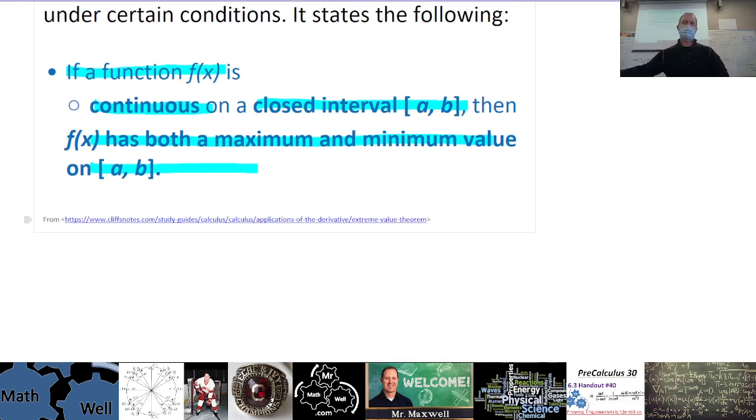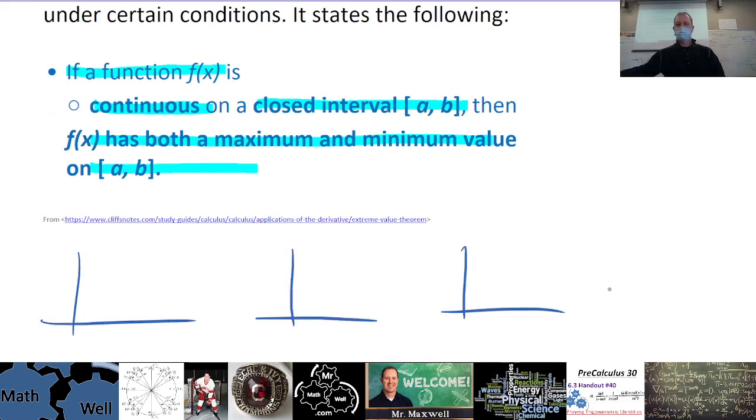And it might be helpful to show some graphs here. So I'm going to draw a few graphs. From A to B, the function is continuous, and I've got endpoints.